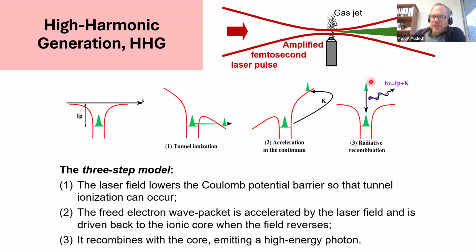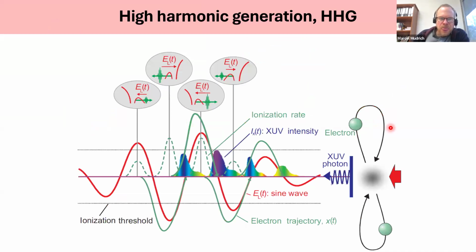In this recombination, a lot of energy needs to be dissipated, and that happens by emitting an energetic photon. This is the so-called three-step model, the classical representation of this recollision process, which is a source of EUV or even X-ray radiation.